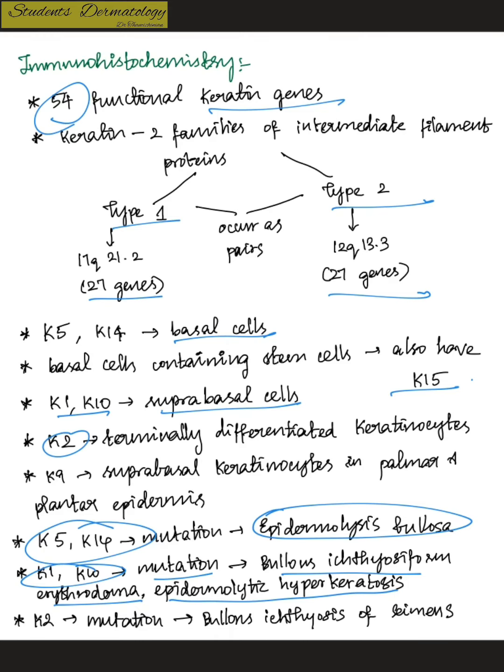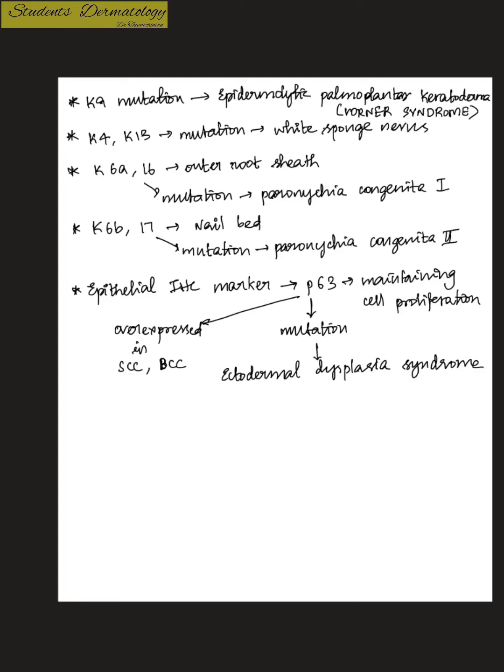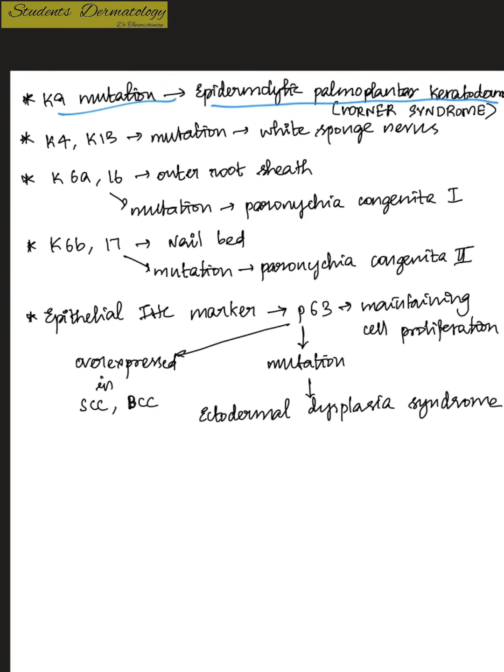Keratin 2 is present in terminally differentiated keratinocytes, and its mutation gives rise to ichthyosis bullosa of Siemens. Keratin 9 is present in the palmar and plantar epidermis, and its mutation can give rise to epidermolytic palmoplantar keratoderma, that is Vörner syndrome.